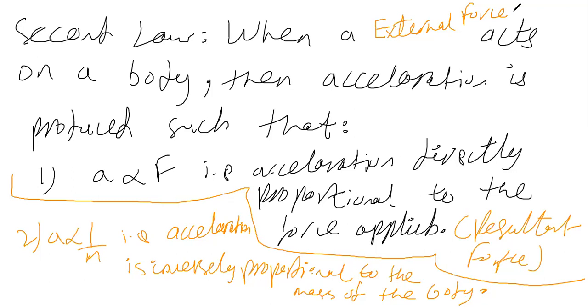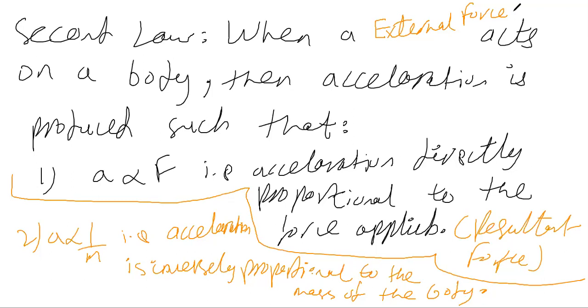Similarly, if you hit a bigger box, it will move less. But with the same force, if you hit a smaller box, it will move more. Meaning an object which has more mass has less acceleration, while masses which are small produce more acceleration.